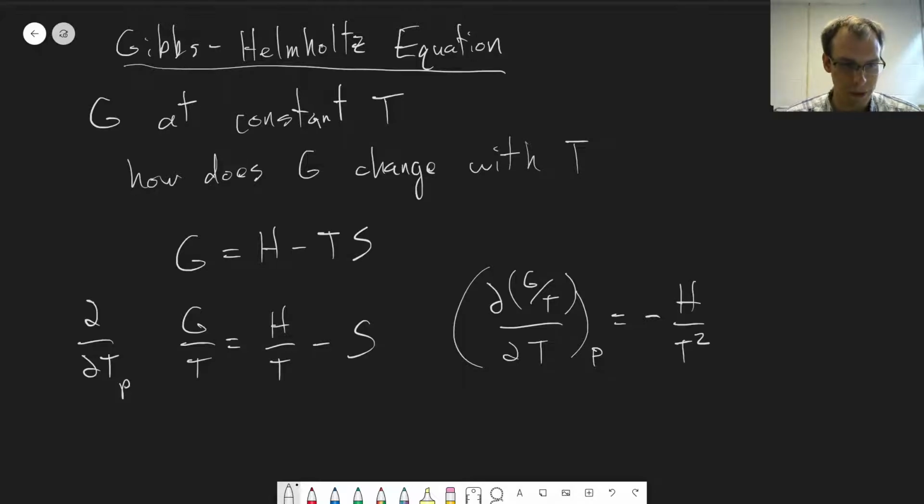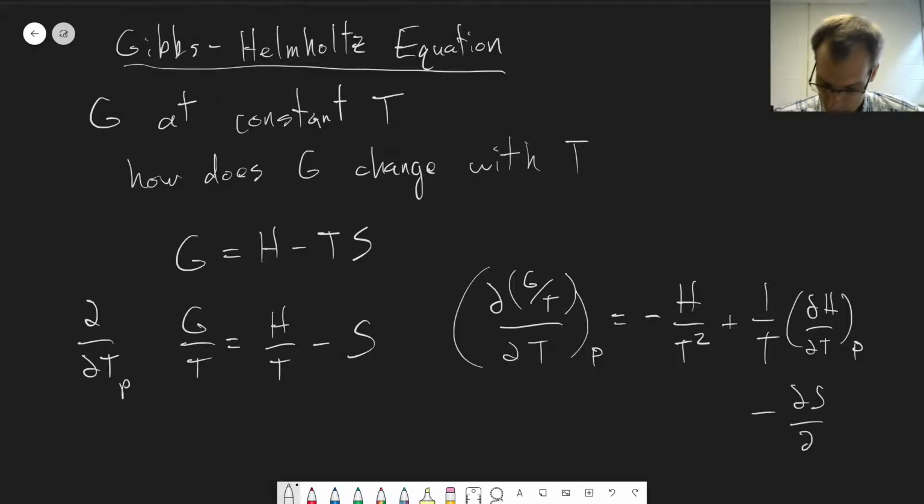So just taking that derivative directly. And then, with an additional term, right, so it's H times 1 over T, we'll have an additional term that's plus 1 over T times dH/dT at constant P, right, so we're doing the product rule here. And then we have minus dS/dT at constant P.